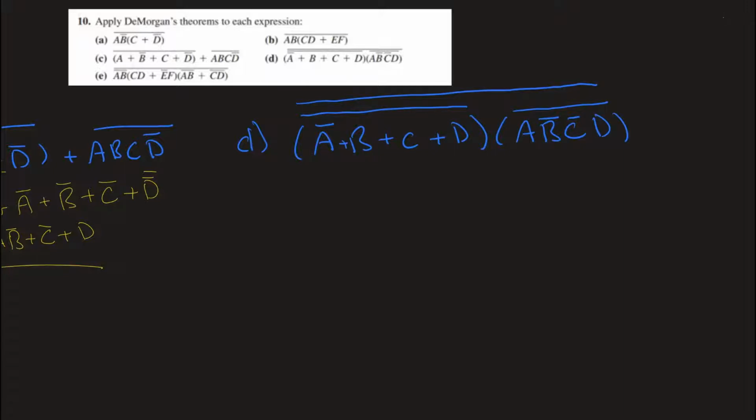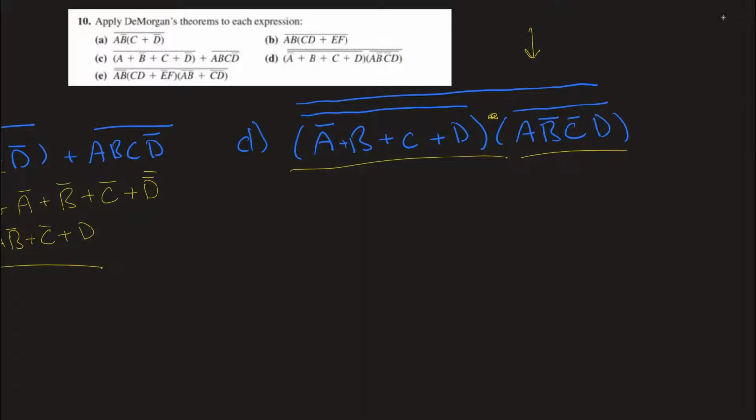Okay, so here's why we want to take it step by step. Remember, we start from the top and work our way down. So the first thing I see is this big overbar over all of this, over the AND gate here, and over all of this.